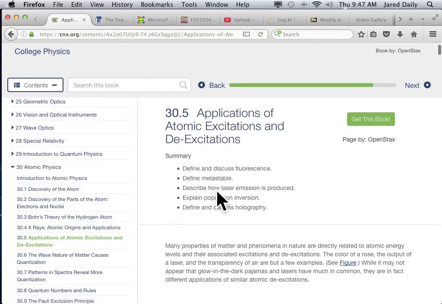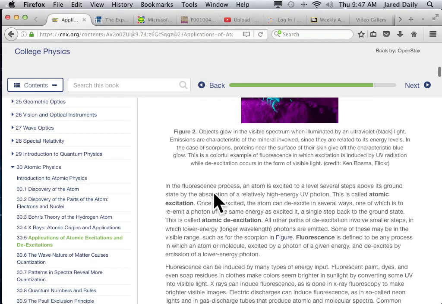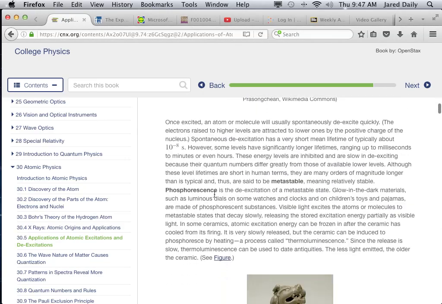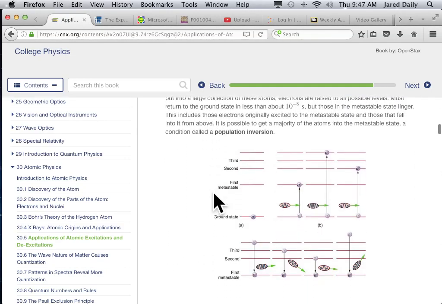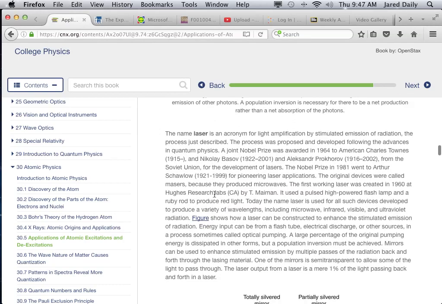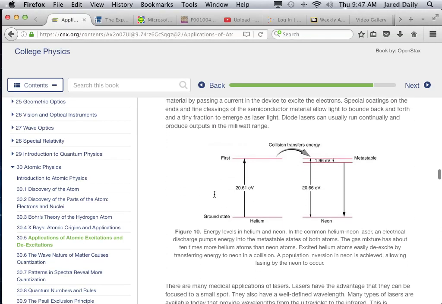It's going to be in section 30.5, lasers. So we go in here and look at lasers. Here you go. Here it is.